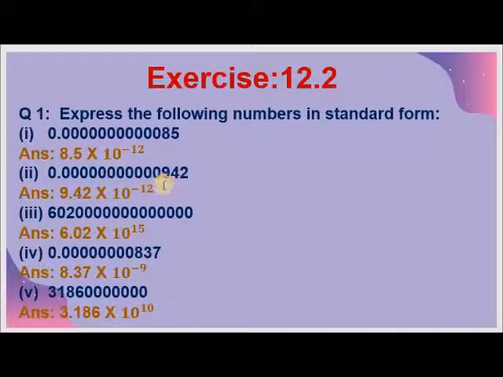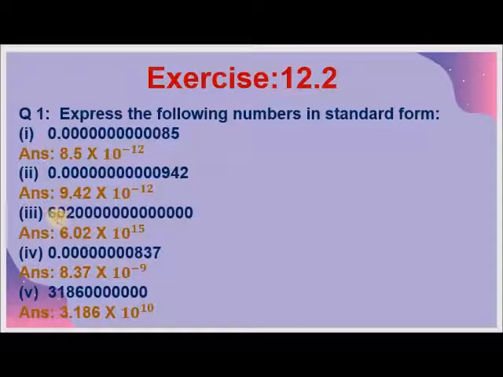Now our third part is this. Here we see there is no decimal. So we can write it as 602000000000000.0, and if we shift that decimal after 6, that means we are shifting our decimal point towards our left side.